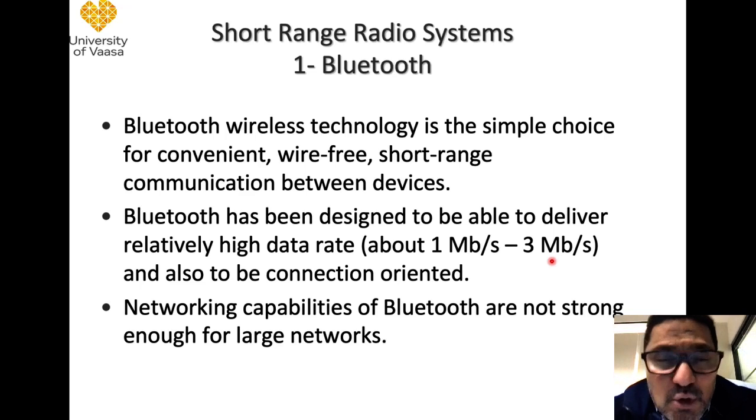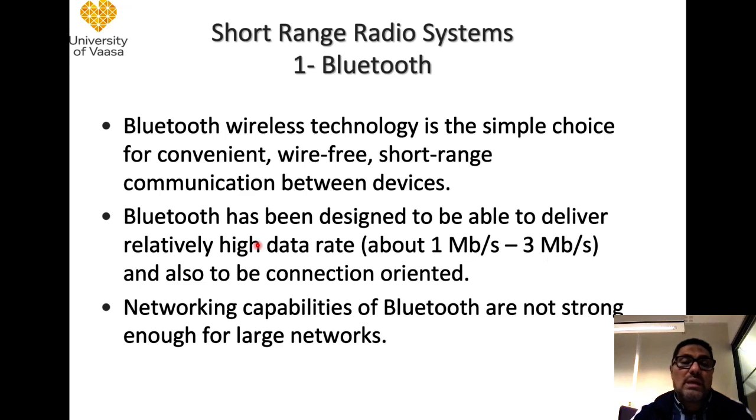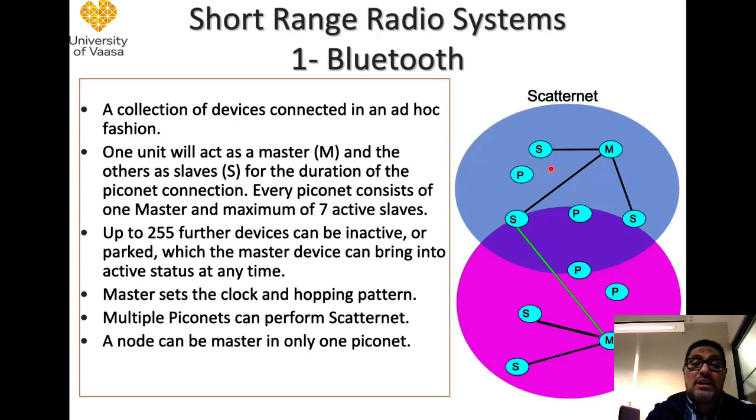This is Bluetooth up to Bluetooth 3, but now we also have Bluetooth version 5, which can achieve a much higher data rate than 3 megabit per second, but still it is not a very high data rate.